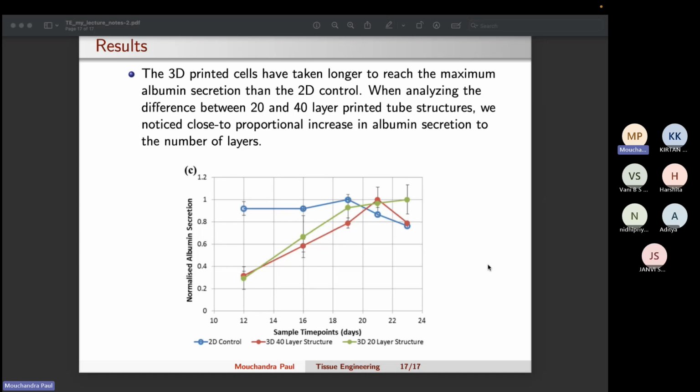The cells which were taken in between the differentiation process and then 3D printed continued the differentiation process, and it successfully gave you an artificial tissue structure with hepatocytes in it. And you are able to show that the hepatic markers are present, all right?